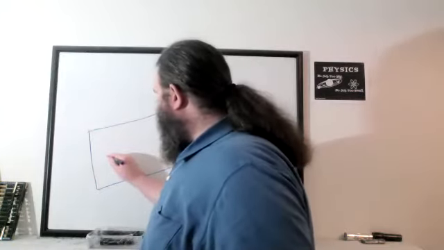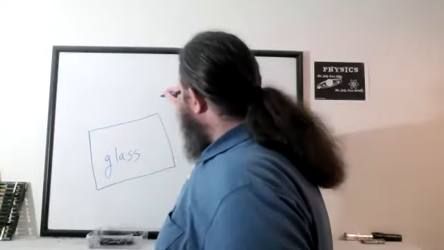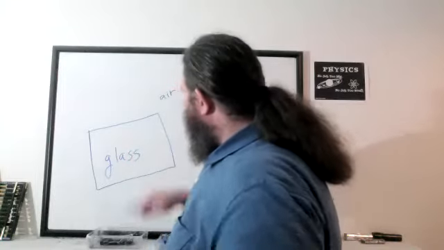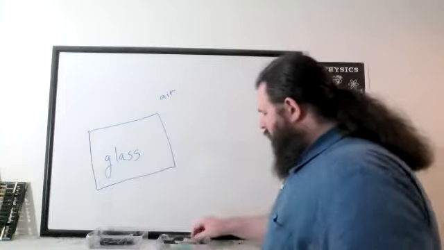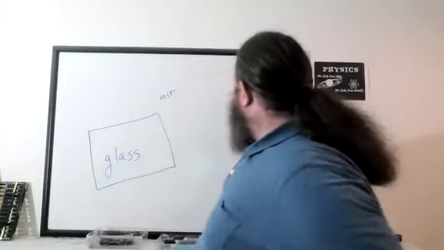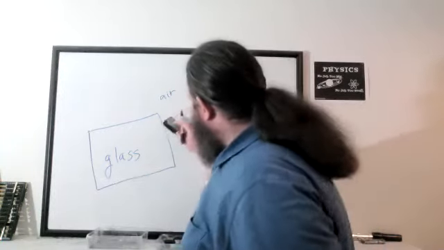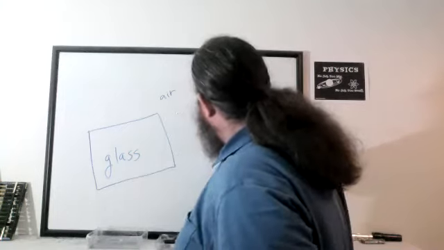Let's say you have a block of, let's just say this is glass, and then outside of it is air. And if you've got this incoming ray of light, let's say a ray of light coming in, let's make that a bigger angle here.